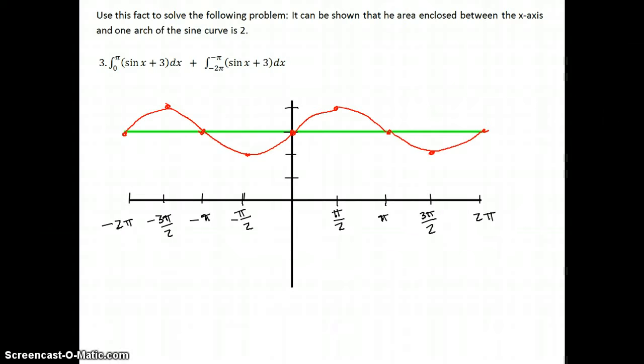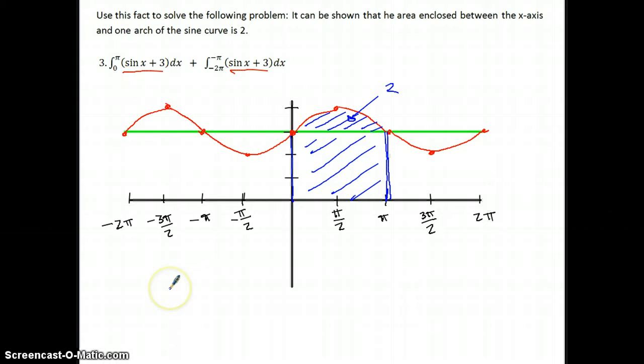Okay, so we have this graph here, and thankfully we have the same thing within the parentheses, so I could just tackle this all with just one graph. And I want to find the area from 0 to pi, and I find that area like so. That area is 2, and this rectangle, the area of this particular region is going to be the length times the height, and the height is 3, the length is pi, so we have a 3 pi there.